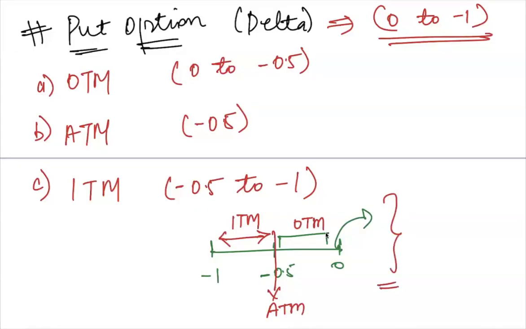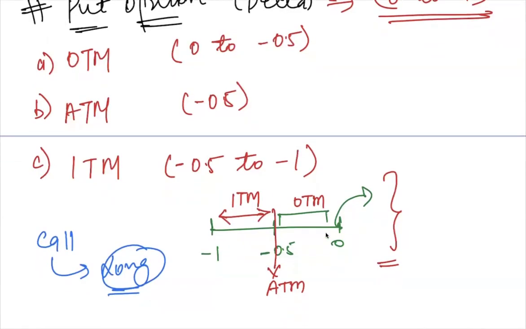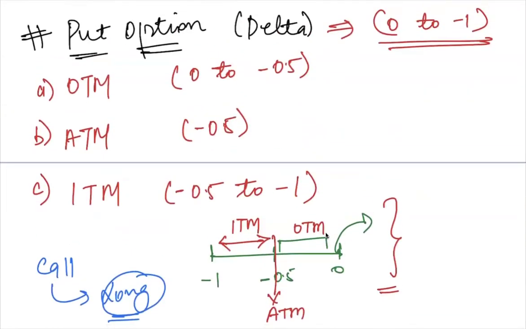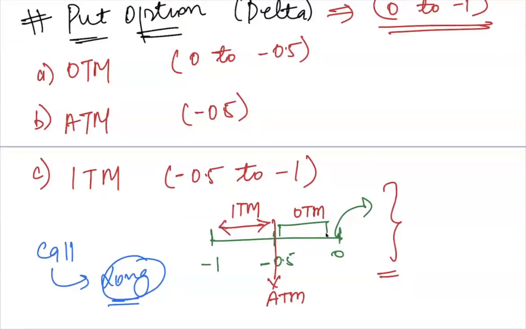Is this clear to everyone? Sheikh mentioned that we cannot generalize that 0 to 1 is for a call option, because it depends on our position. Whenever we say call and put, we always assume that we are in a long position unless stated. I agree with your statement, we cannot generalize that call has 0 to 1 and put has 0 to -1.